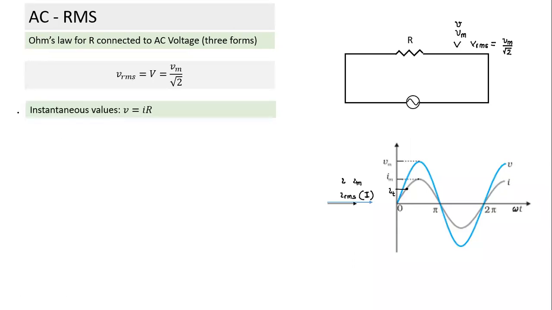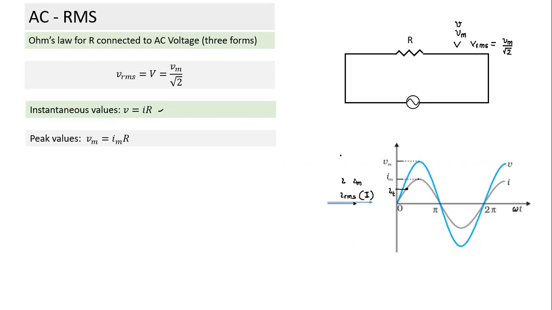Now, Ohm's law. At an instant, we apply it as v is equal to i into R. So we apply Ohm's law to current and voltage at an instant across the resistance. This is valid, as both v and i are instantaneous values.